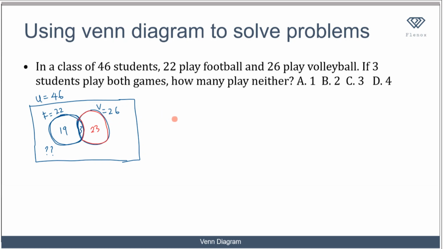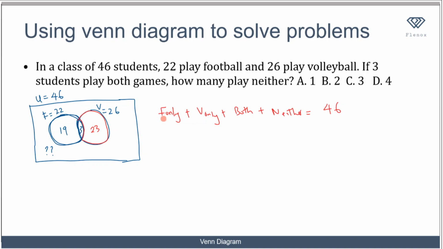So now, as I've mentioned before, the number of students that play football only, plus the number that play volleyball only, plus the number of students that play both, plus the number of students that don't participate at all, which I'm looking for, neither, must be equal to the total number of students in the class, in this case, 46.